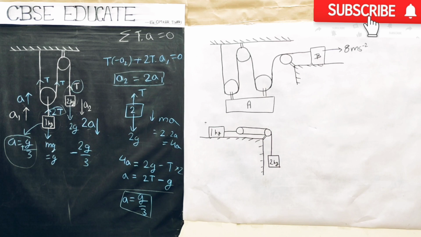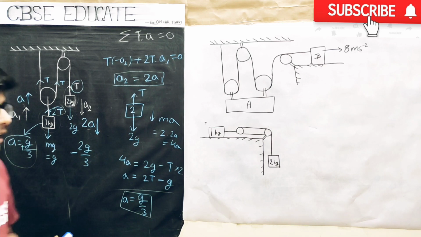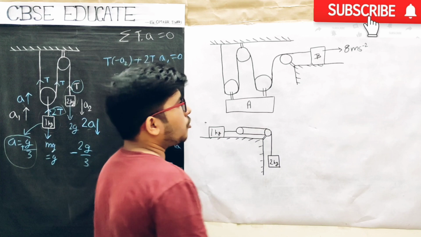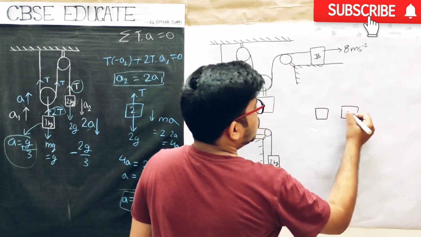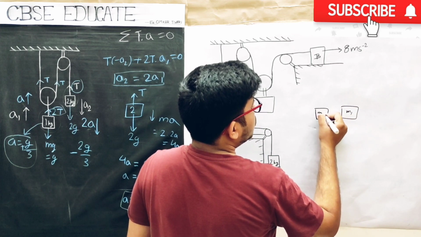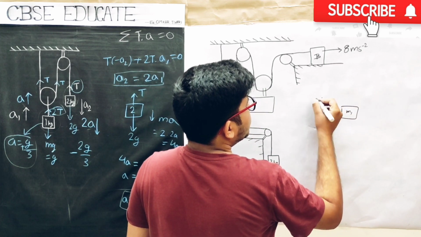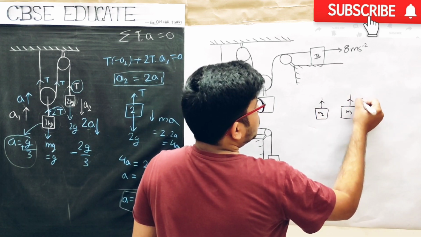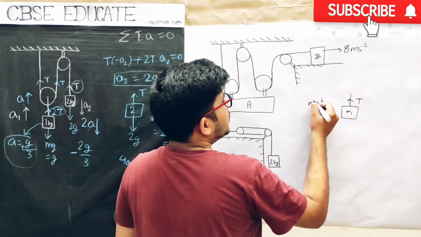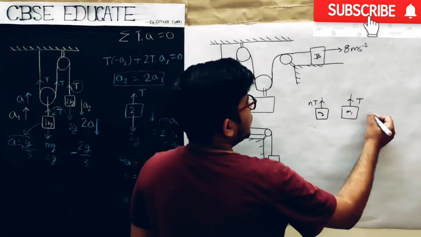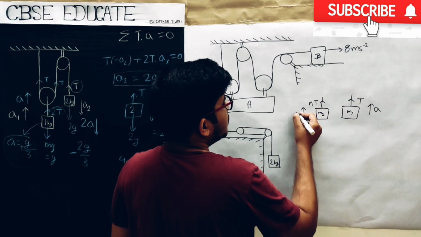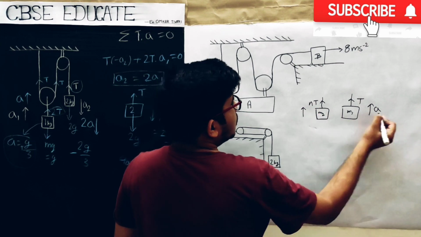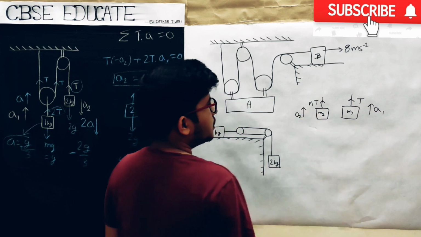Which means if you are talking about two bodies with masses m1 and m2, and the tension in this is suppose T, and the tension in this is nT, and the acceleration of this body is a1, and the acceleration of this body is a2.